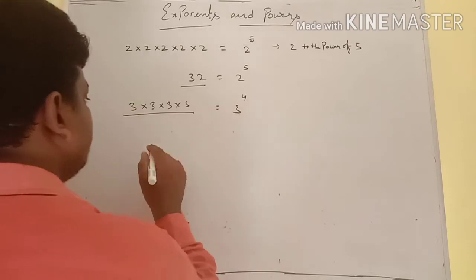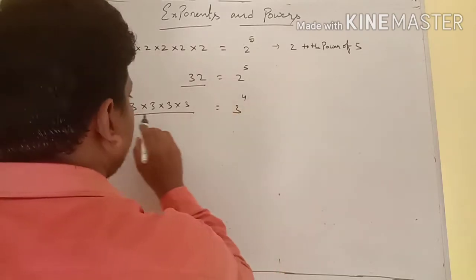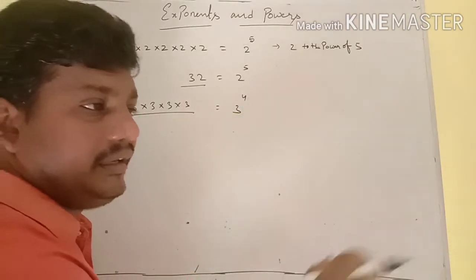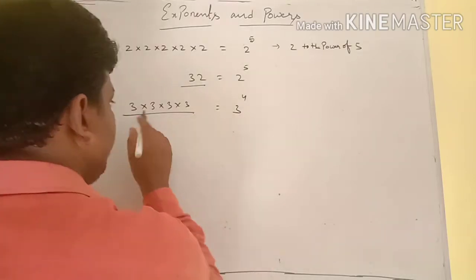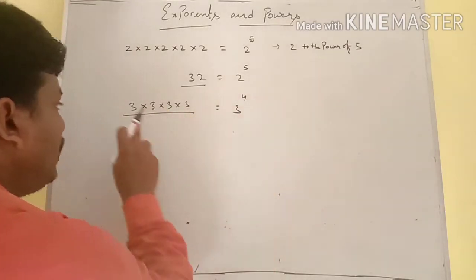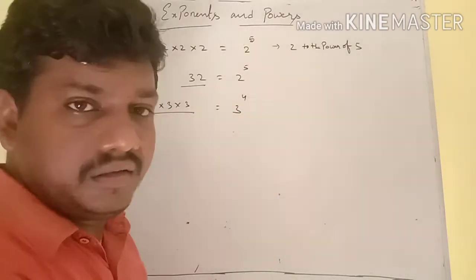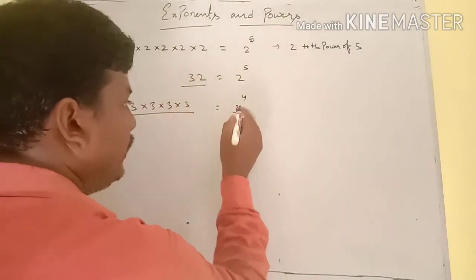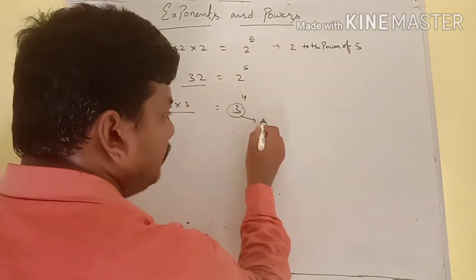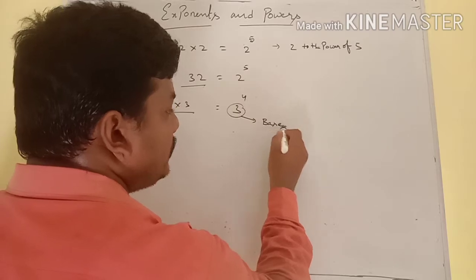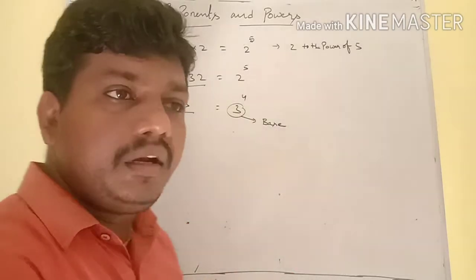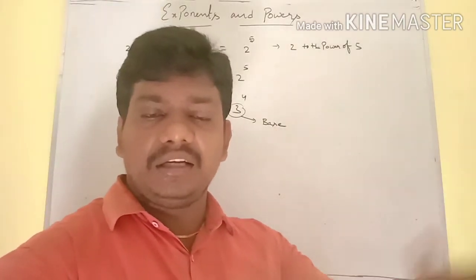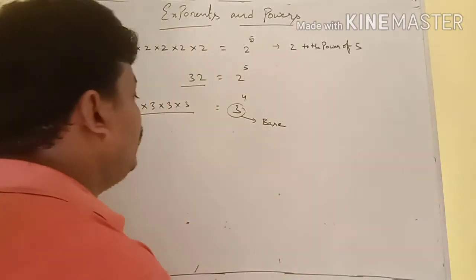So in this case, which number is repeatedly multiplied here? 3 is repeatedly multiplied. Hence, 3 is known as the base. A number which is repeatedly multiplied is the base.